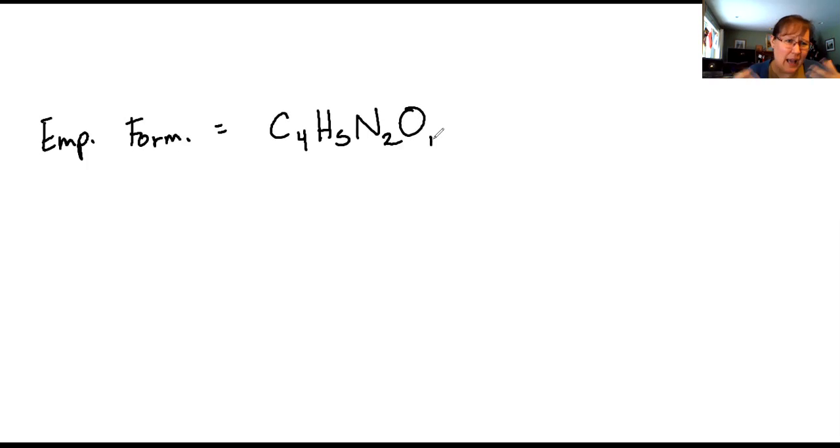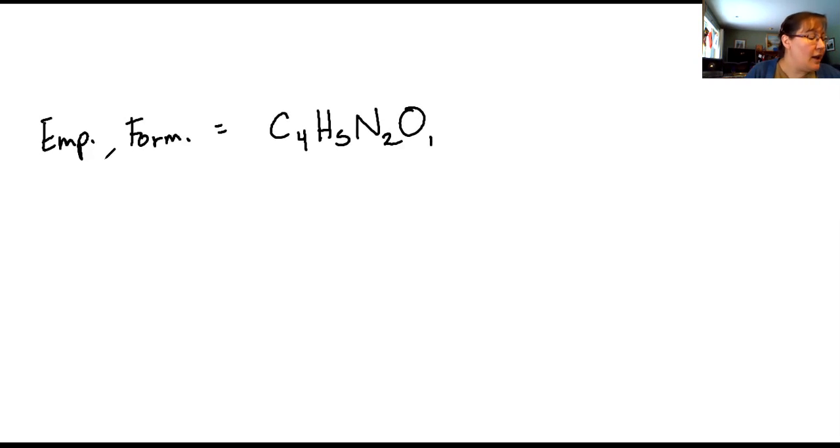But I want to know what this actually is, because I don't know if this is my empirical formula or if it's also my molecular formula. If my molecular formula is bigger, I'm not quite sure. So say, okay, well, then how am I going to find that out? And again, these problems, you have to show your work on them, okay? Because if you don't show your work, I'm going to assume that you just looked something up.